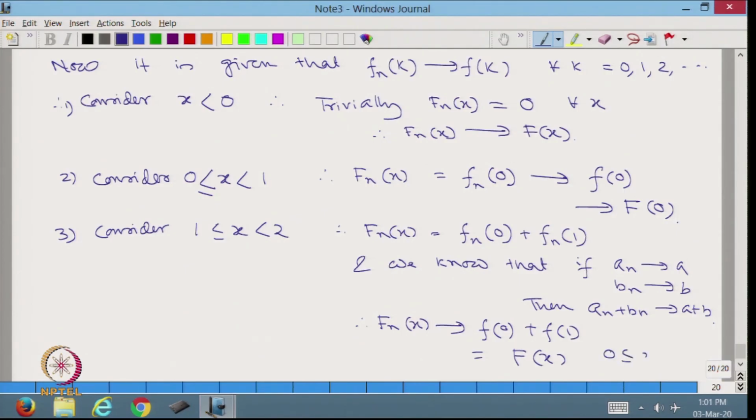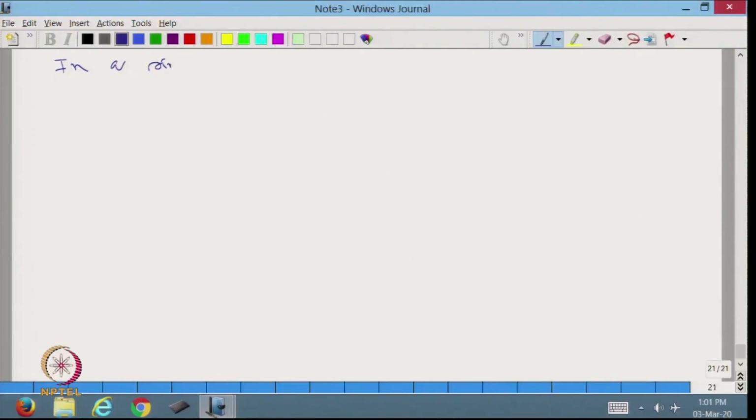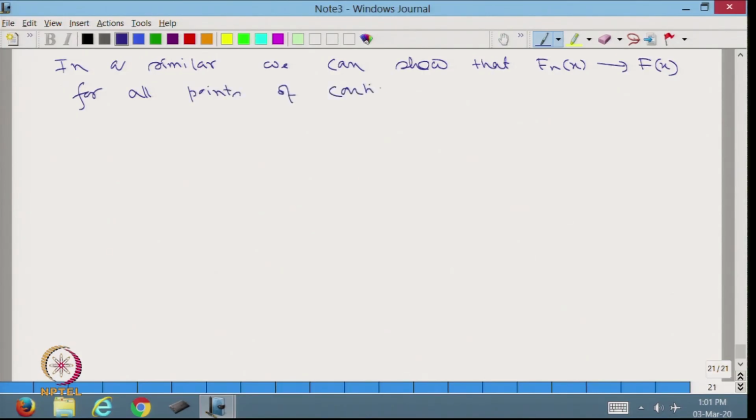In a similar way, we can show that F_n(x) converges to F(x) for all points of continuity of F(x).